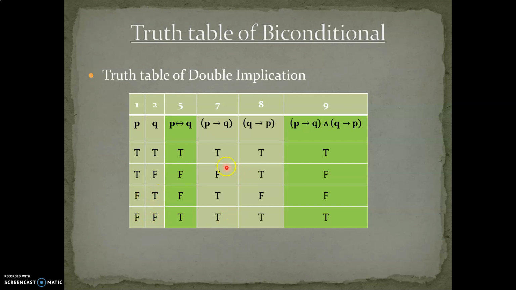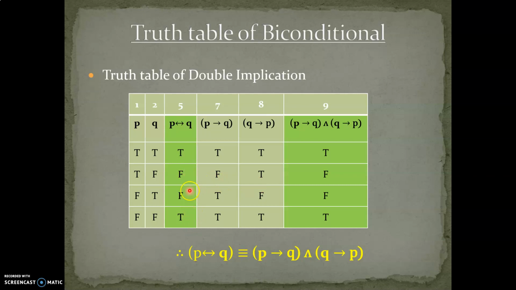Now from column number 7 and 8, we will take the conjunction of these two. True and true is true, false and true is false, true and false is false, true and true is true. So we can write that from column number 5 and column number 9, both the values are the same.